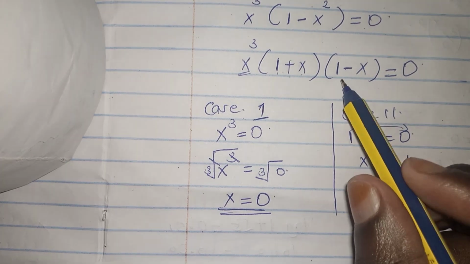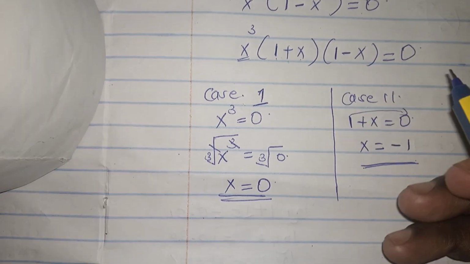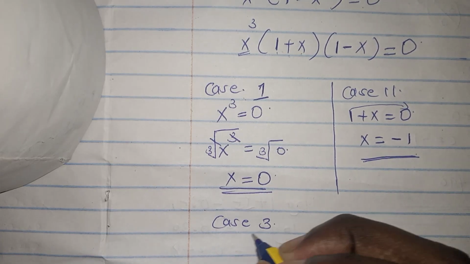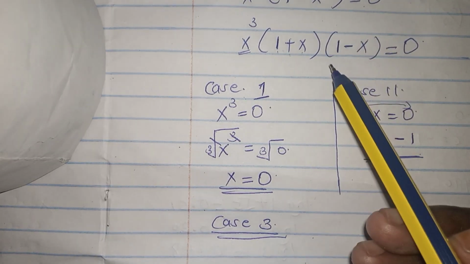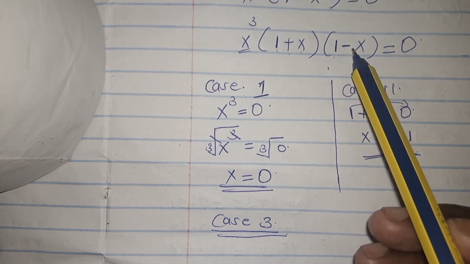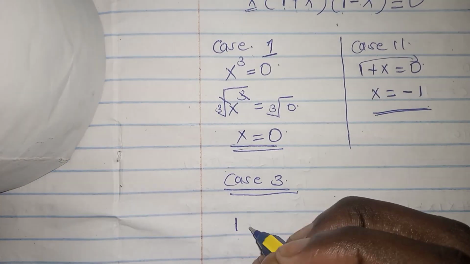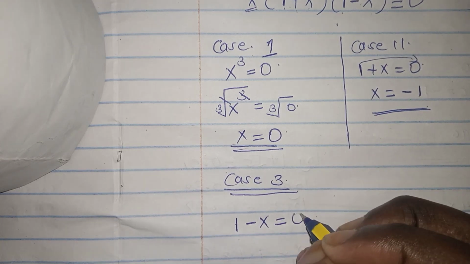And our final scenario is case 3. We have 1 minus x is equal to 0. So this will be 1 minus x is equal to 0.